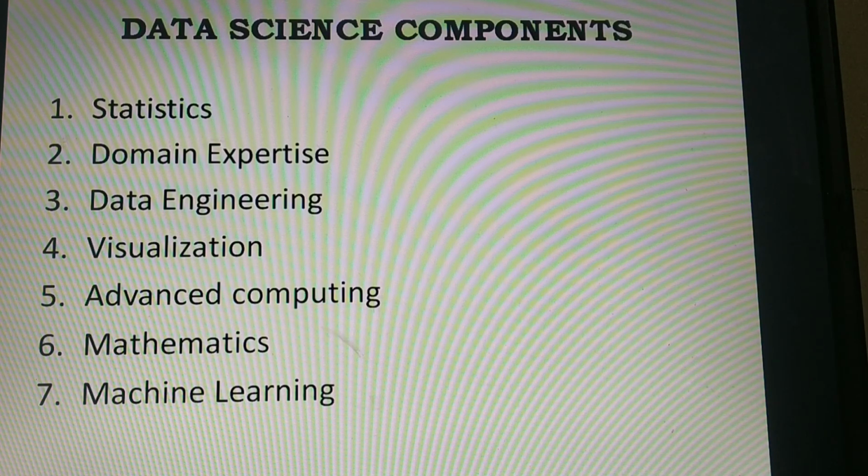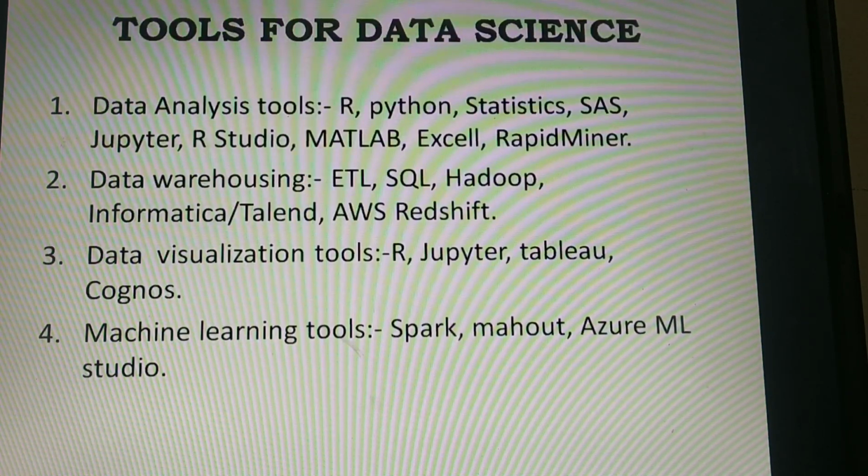Next we go to the next concept in database management: tools for data science. What are the different tools used in data science? The first is data analysis tools, the second is data warehousing, the third is data visualization tools and the fourth is machine learning tools. In these four we use certain languages to implement database management.